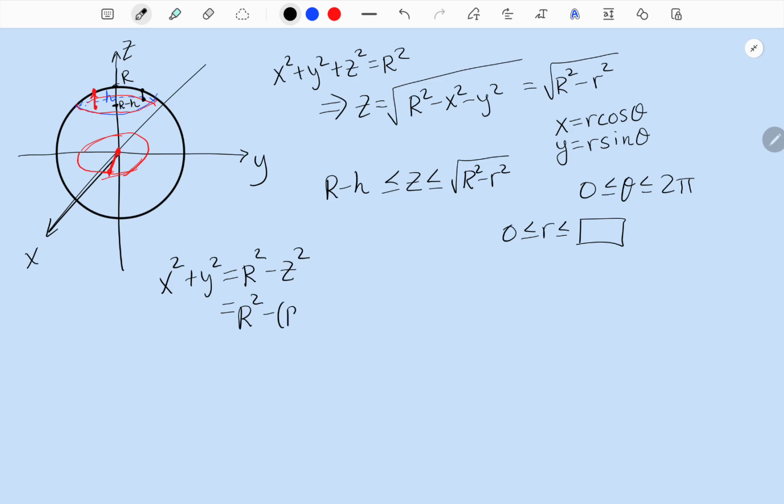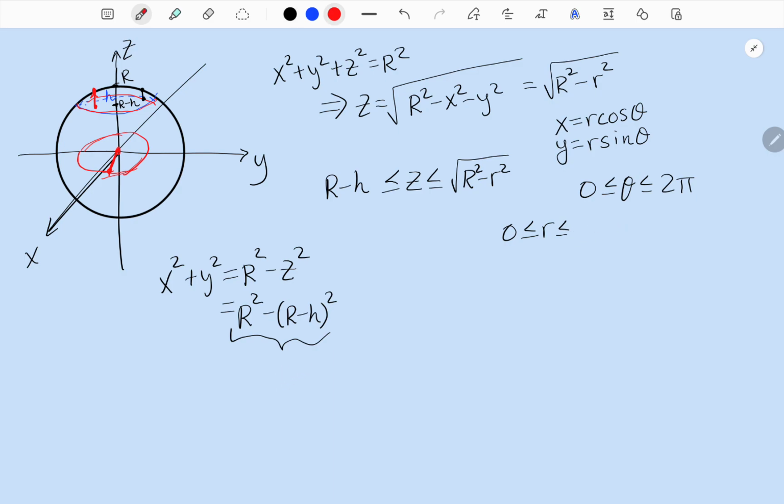This is my upper bound, call it r bar squared. Now my radius is going from 0 to r bar.